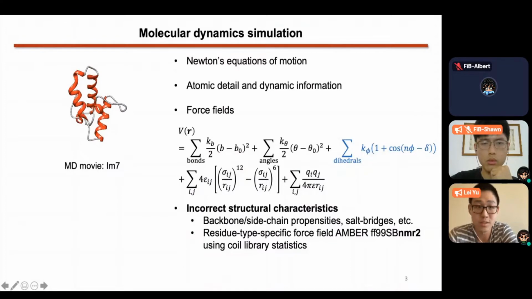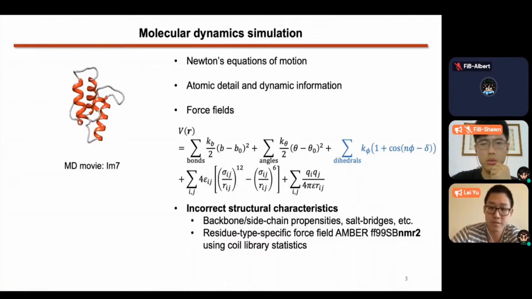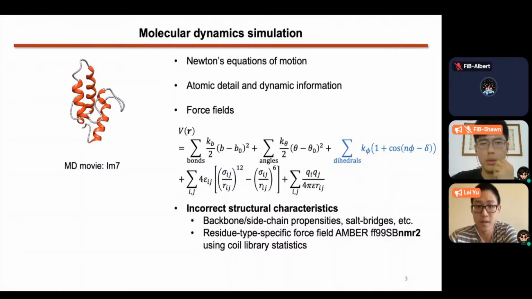MD simulation is basically just applying Newton's equations of motion in their classic form, and from the MD trajectory, you can extract atomic detail and dynamic information. But the accuracy of the MD simulation depends heavily on the accuracy of the force field.